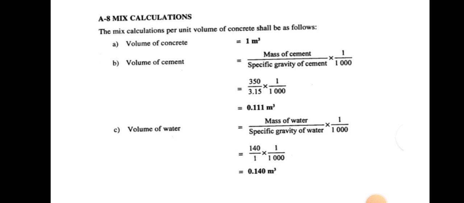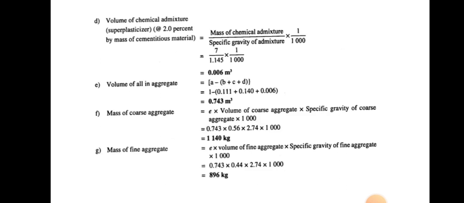Volume of water is equal to mass of water divided by specific gravity of water into 1 by 1000, equal to 0.14 cubic meter. Volume of chemical admixture superplasticizer at 2% by mass of cementitious material is equal to mass of chemical admixture divided by specific gravity of admixture into 1 by 1000, which is equal to 0.006 cubic meter.